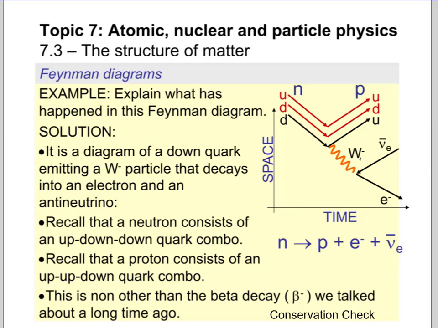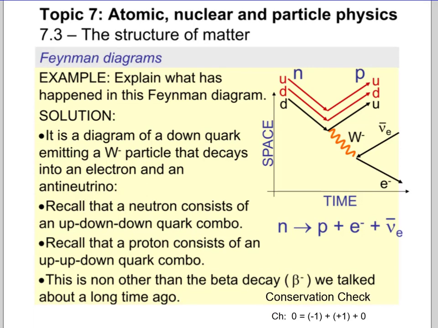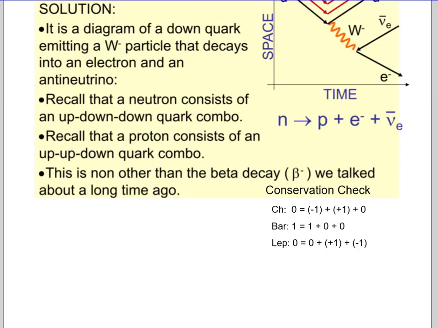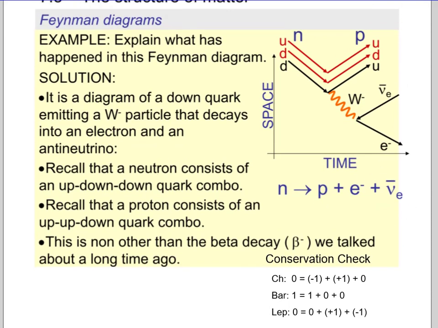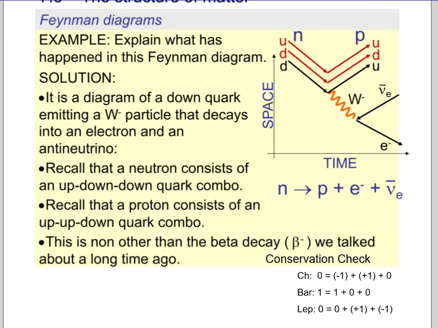If you take a minute, we looked at this smaller interaction. We can do the conservation check again down here. If we look at the overall conservation of the equation, you can go through: a neutron is 0, a proton, I got it backwards, a proton is positive 1, the electron is negative 1, the antineutrino is 0.